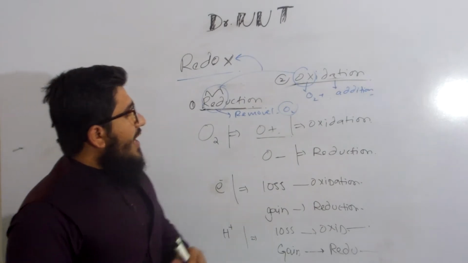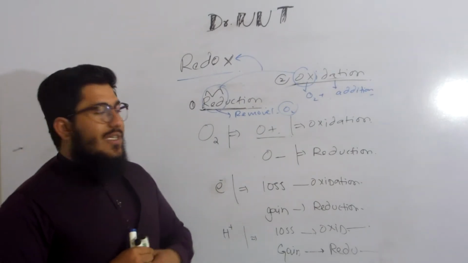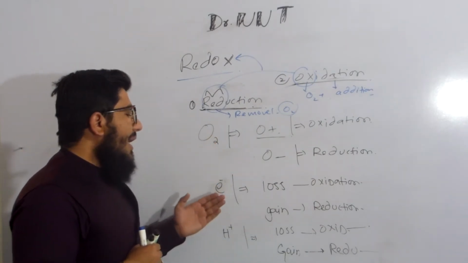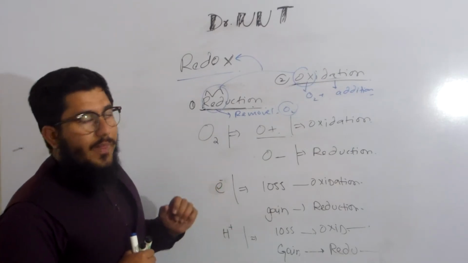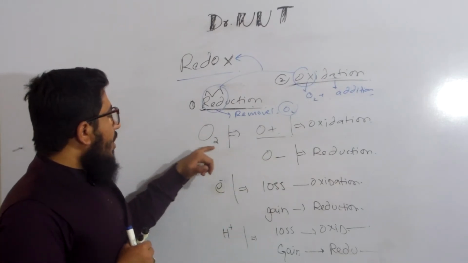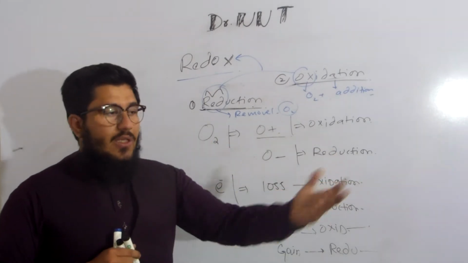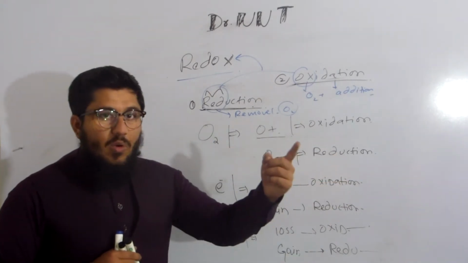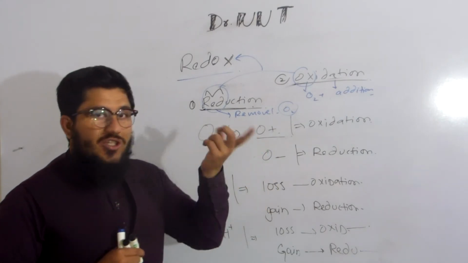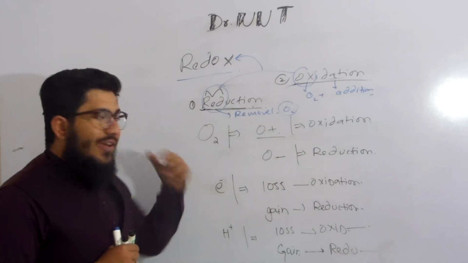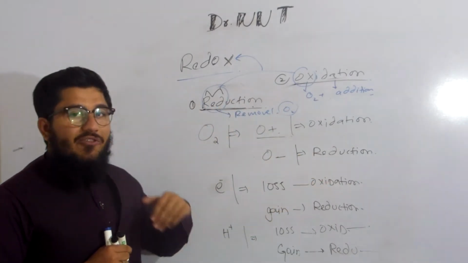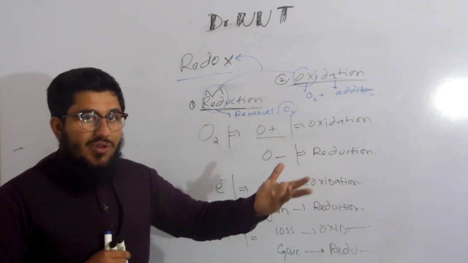Now we will define oxidation and reduction in terms of oxygen, electron and proton. What happens if oxygen is added to any compound or atom? What is that called? If oxygen is removed, what is that called? If electron is added, or lost, what do we call that reaction?